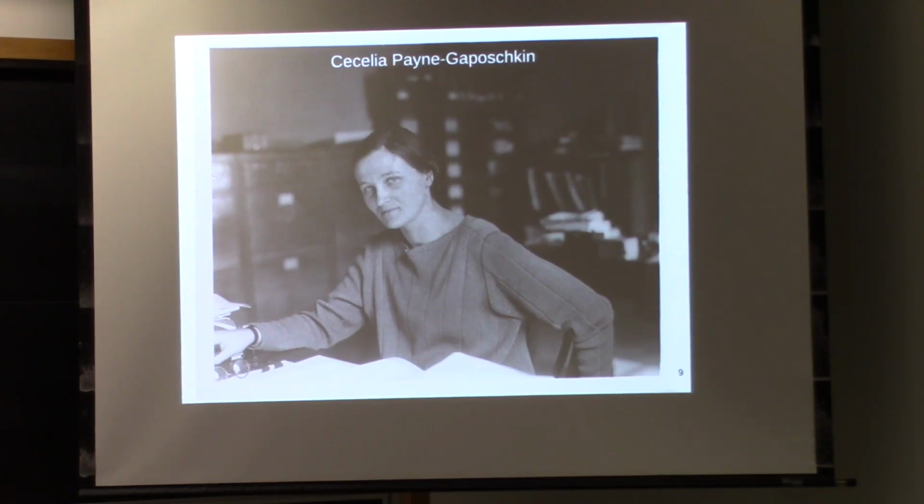This was the subject of her 1925 PhD thesis. So she did this work as a graduate student. She showed, by the logic that I just laid out to you, but with the math behind it, that it is in fact temperature that determines the strengths primarily of spectral lines in stars, more so than composition, and that based on her calculations, all normal stars are made almost entirely of hydrogen and helium.